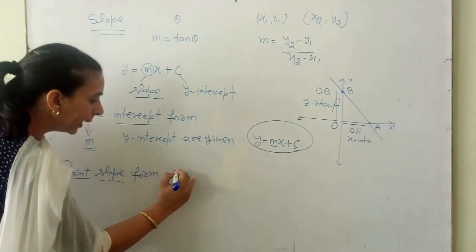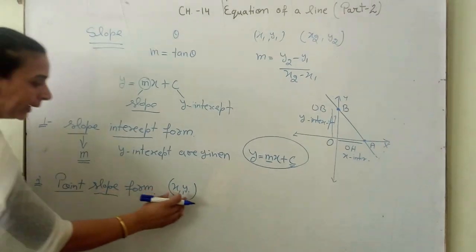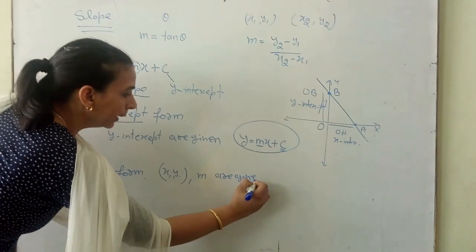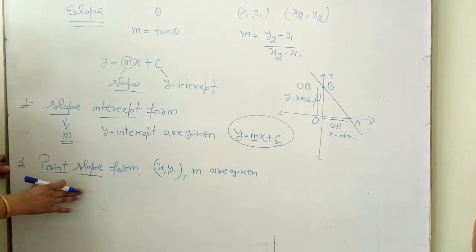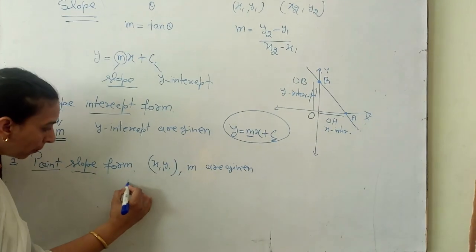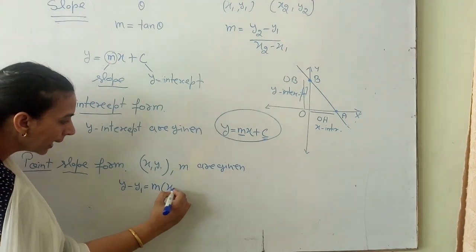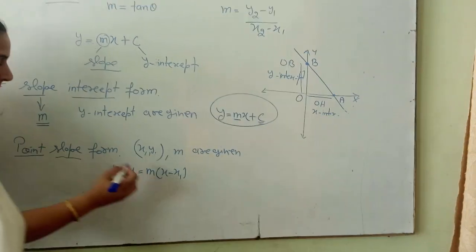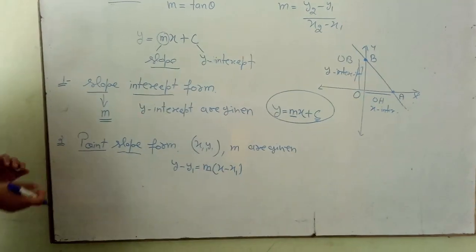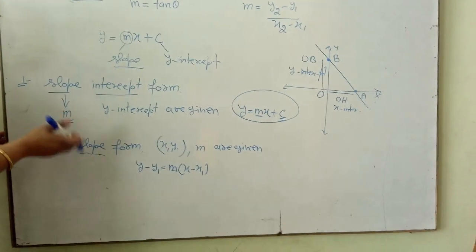If a point x1, y1, meaning the coordinates of a point, and the slope are given, then we use this point slope form, and our point slope form is y minus y1 equal to m times (x minus x1). M is slope and x1, y1 is the passing point. If a point and a slope are given, then we use point slope form.